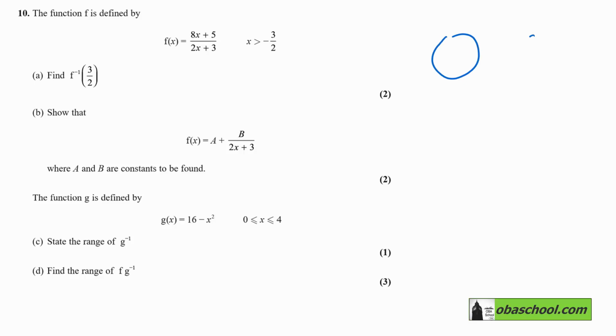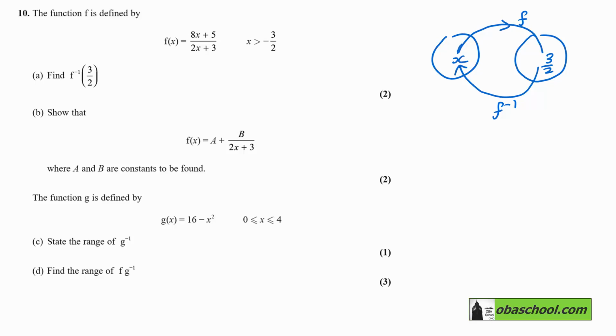But let's suppose we've got two sets like this, and the function f goes this way, and therefore the inverse function goes the other way. Now, we wanted to know what the value of the inverse of 3 over 2 was. So inputting 3 over 2 into the inverse function is going to give us a value x back here.